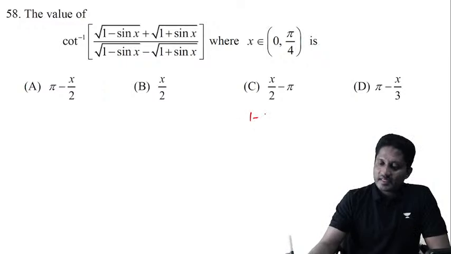See, 1 minus sine x is actually cos x by 2 minus sine x by 2 the whole square.